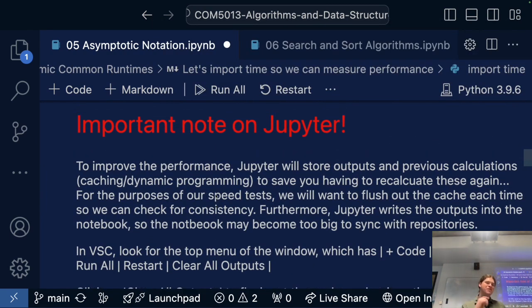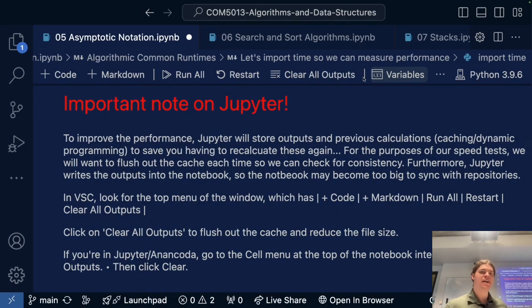There's one little nuance here I need to mention about Jupyter, because remember, Jupyter caches things. If you remember back to your basics from level 4, you can declare variables in one cell and then use them in other cells. So it actually puts them in memory, okay? If it's your first time you'll be fine, but if you've got previous data in your Jupyter notebooks, just make sure you flush out the cache.